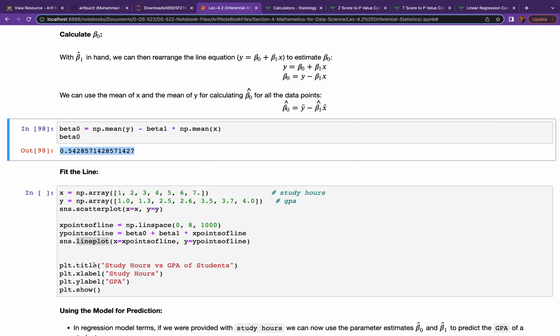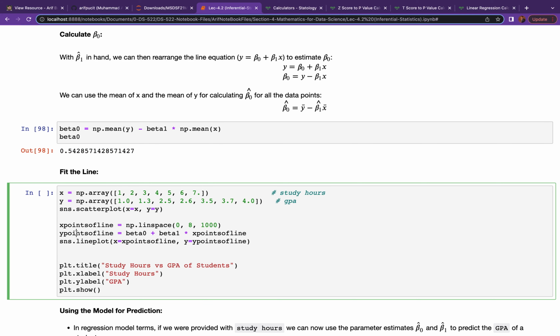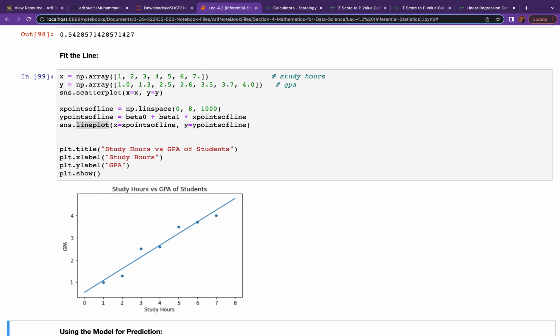Let me generate the y points of the line corresponding to the x points using this, and then I have used this line plot to plot the line. So you see, we have our best fit line.